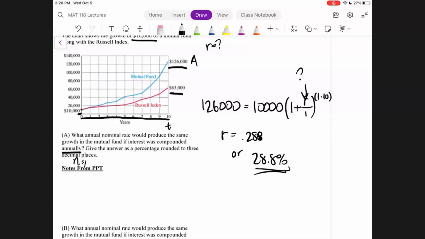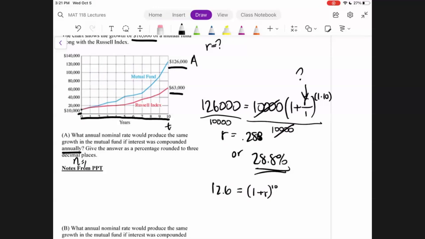So the approach would be, first thing is you divide by this 10,000 here. So you divide that on both sides. And we get that 12.6 equals, so this is pretty much gone, 1 plus r to the 10.